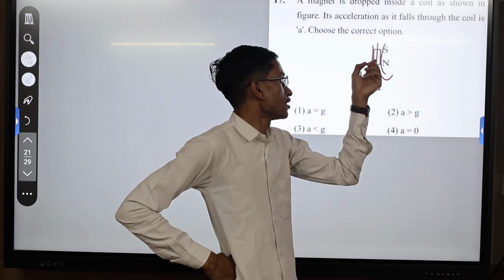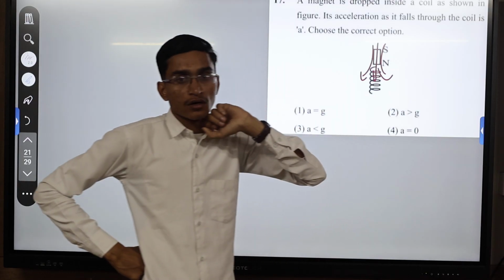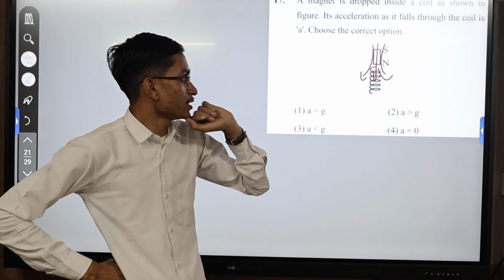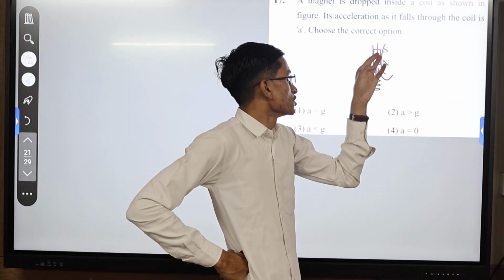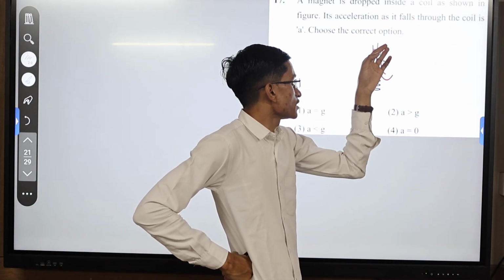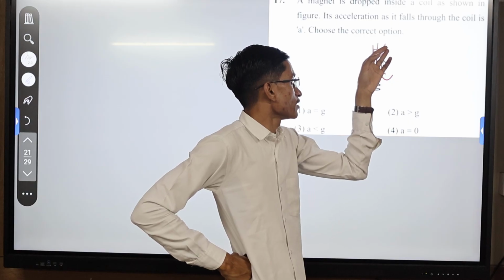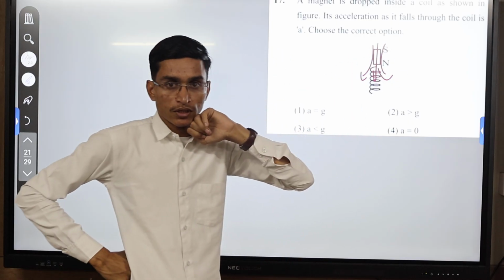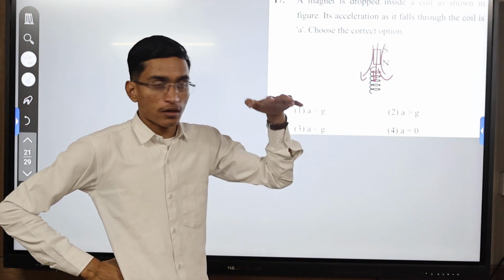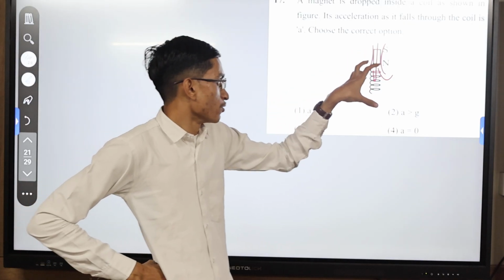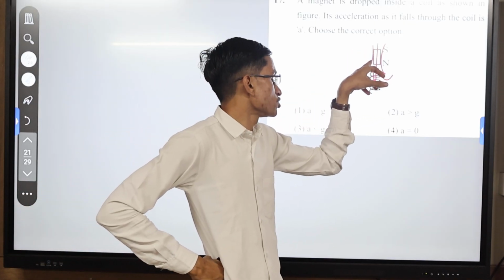So this solenoid will exert an upward force on this bar magnet. We studied it: Lenz's law and Faraday's law. So this coil will exert a force on the bar magnet for opposing the motion. Opposing means this coil wants to decrease the change of flux.